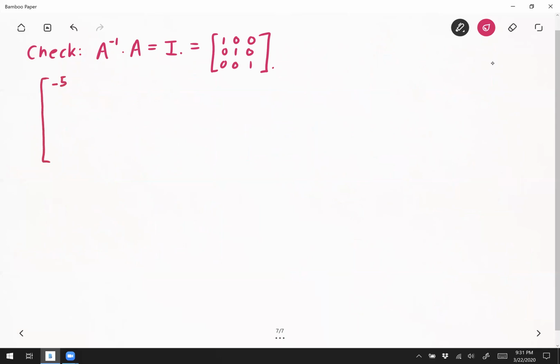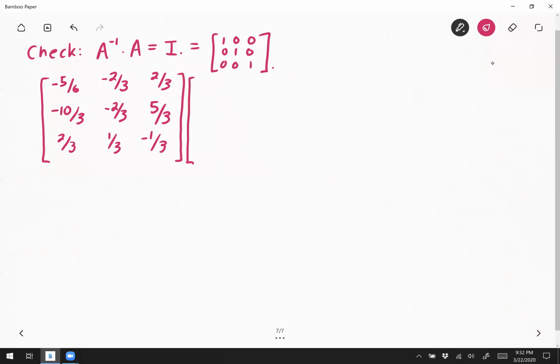So I have negative 5/6, negative 2/3, 2/3, negative 10/3, negative 2/3, 5/3, 2/3, 1/3, negative 1/3. The original matrix A, that was 2, 0, 4, 0, 1, 5, and 4, 1, 10.